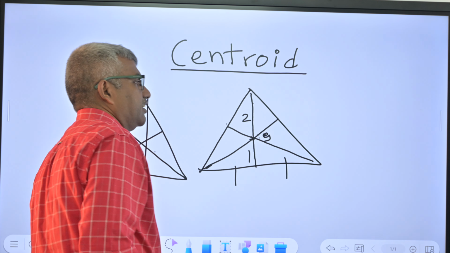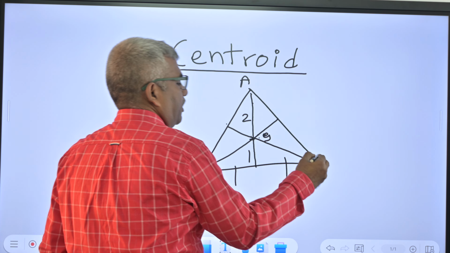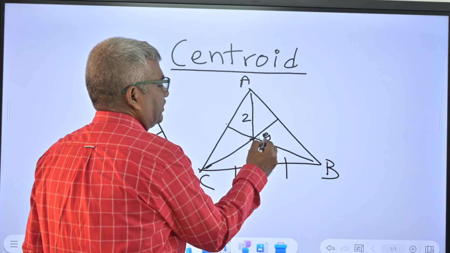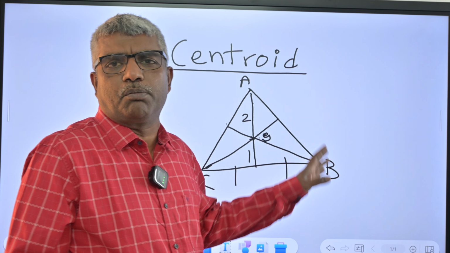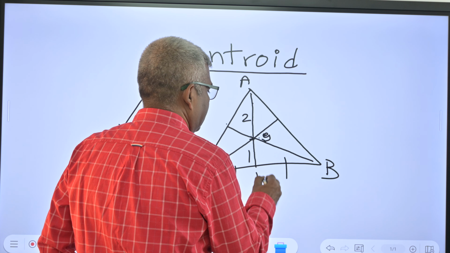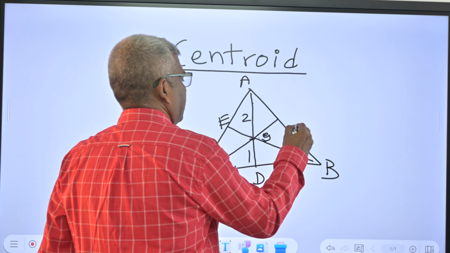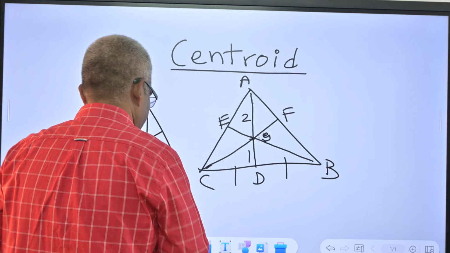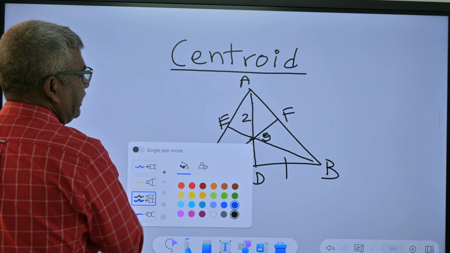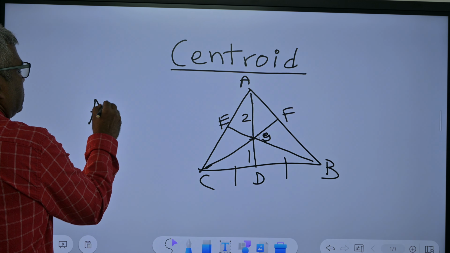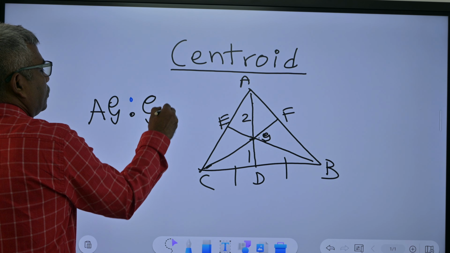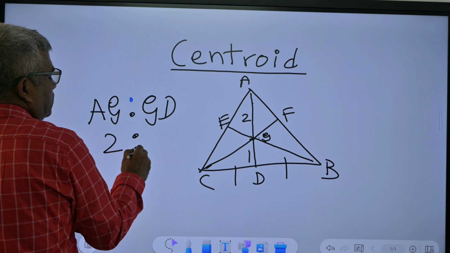For example, this is triangle A, B, C. Centroid is generally denoted by G, with midpoints D, E, F. AG to GD is equal to 2:1.